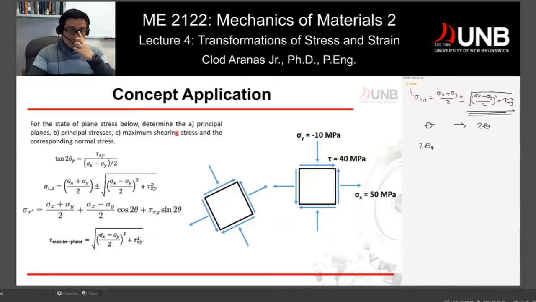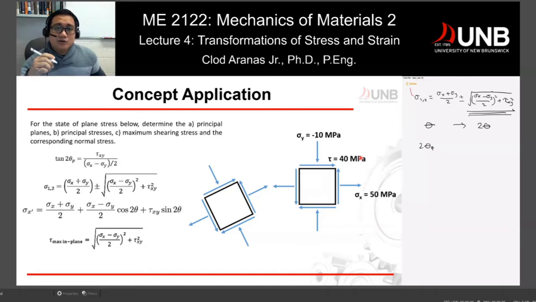Determine the principal planes: this asks how much rotation, in terms of theta, I need to reach my principal planes or principal stresses. Looking at this element, you have sigma x 50, sigma y negative 10, and tau equal to 40.